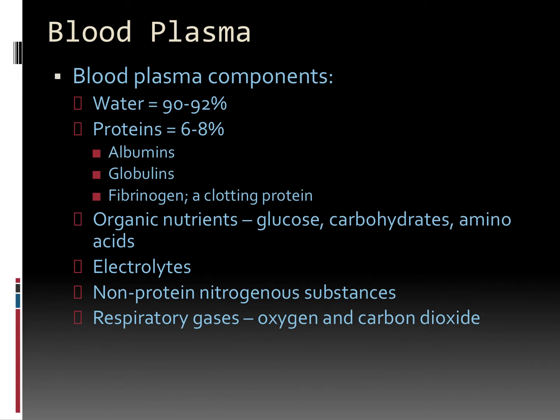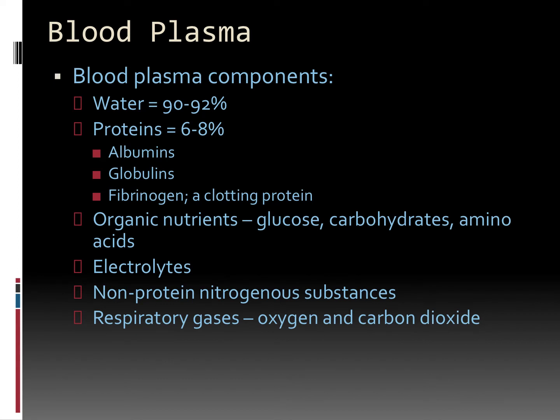Blood plasma contains mostly water, 90%, some protein, albumins, globulins, fibrinogen, which is a clotting protein. It contains nutrients, so the transport aspect, glucose, carbohydrates, amino acids, those building blocks that are getting delivered so they could be used.